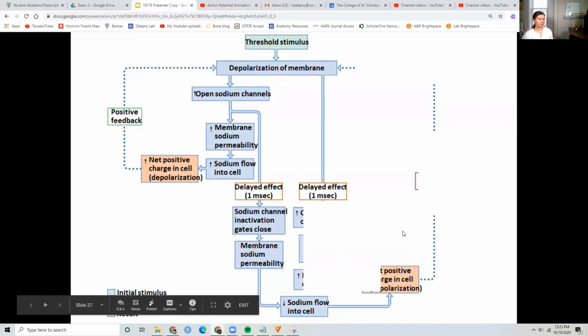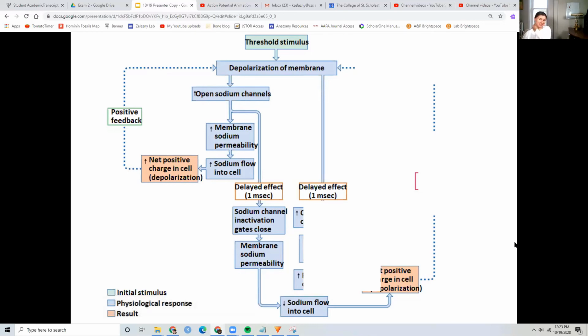Okay, what's happening now is that we are basically going to start to allow repolarization to happen because we're going to stop making this cell more positive. We have our second effect of depolarization on the membrane, this delayed effect. Our second delayed effect, I should say, is that after a millisecond, we are opening potassium channels.